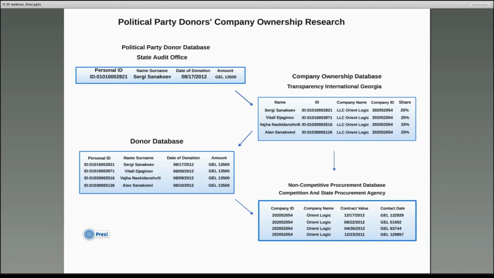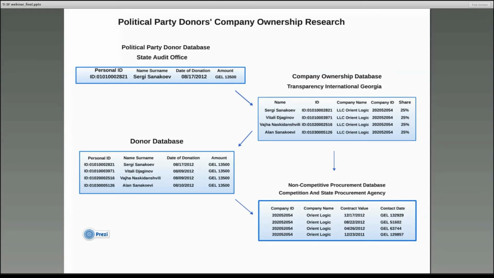Naturally, we were already suspicious about these donations because the sum seems a bit odd, and there's the correlation with the dates. We took this information to the non-competitive procurement database, which basically contains all the simplified procurement contracts done by any state agency from December 2010.